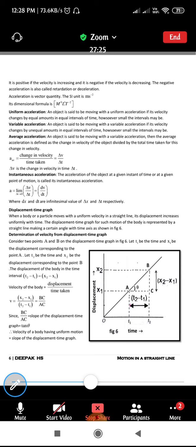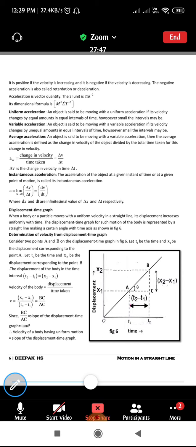The displacement time graph for such motion is represented by a straight line making a certain angle with the time axis, as shown in the figure. This is the graph plotted for a body moving with uniform velocity in a straight line.